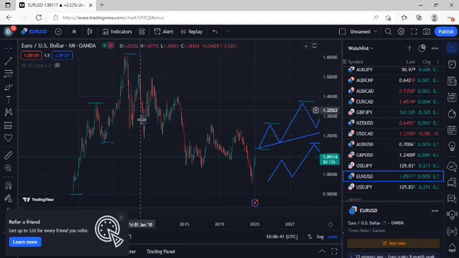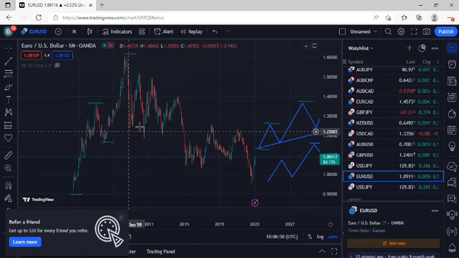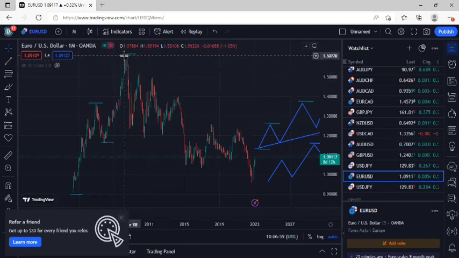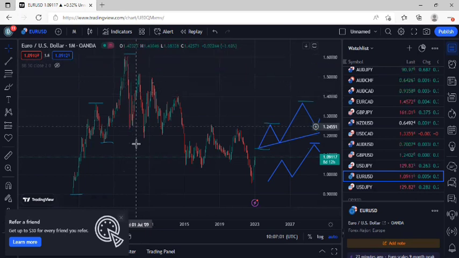But now if you look at it, this low here was broken. So the moment this low here was broken, that means we are now in a downtrend. And you can see the market has begun to print lower high, lower low, lower high, lower low.